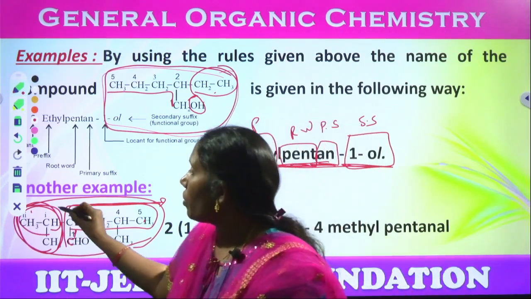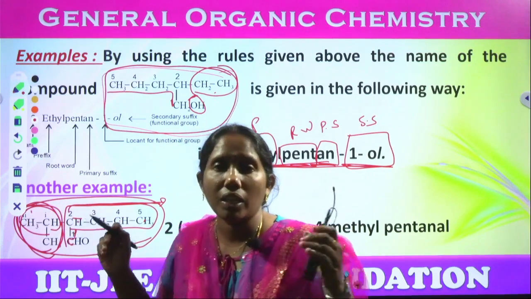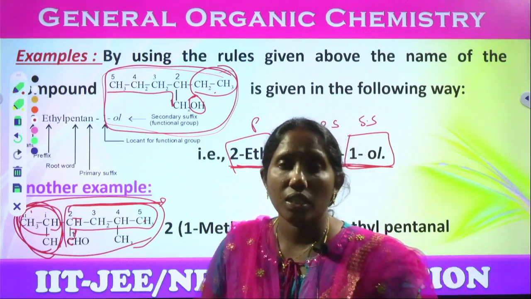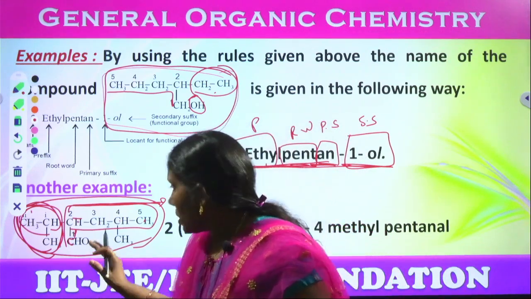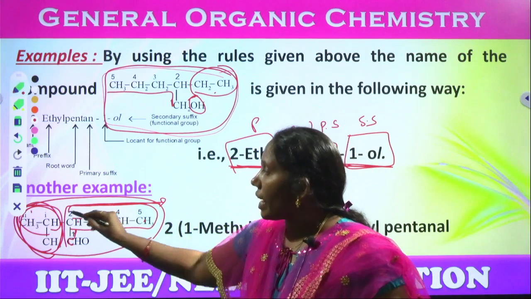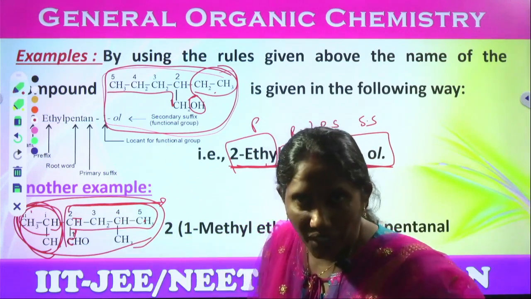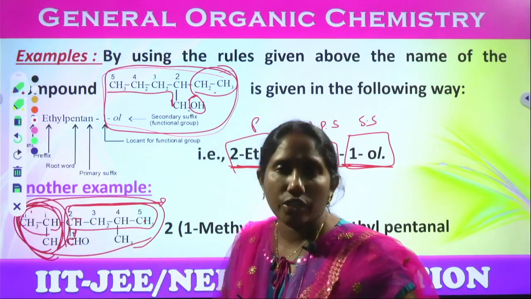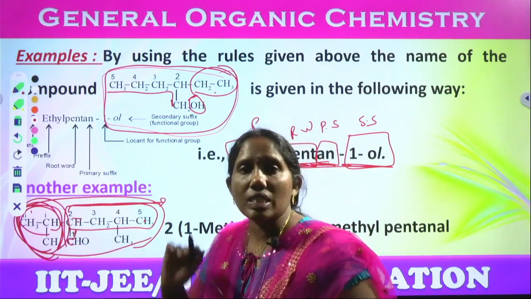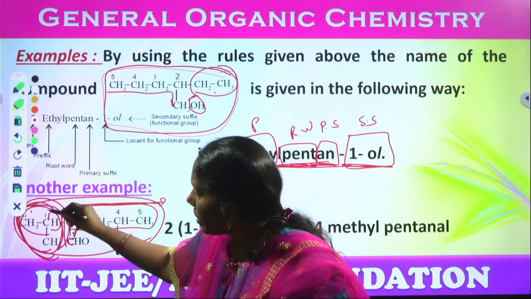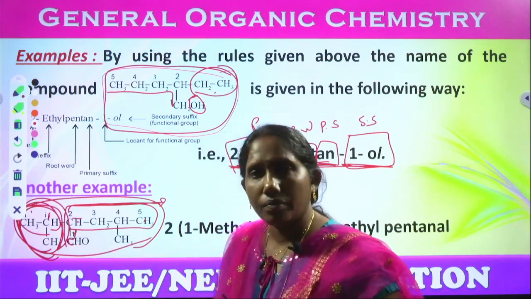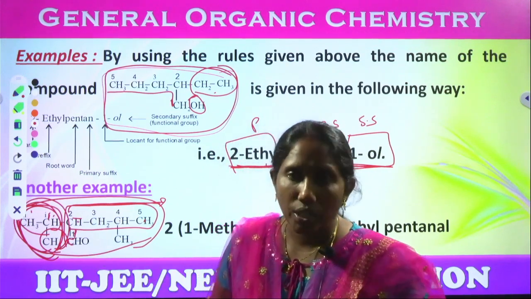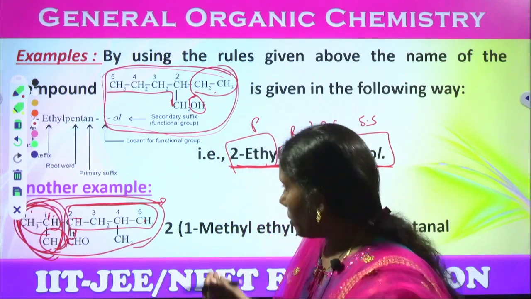So separately we have to write this naming, and we have to keep that in parentheses. We have already done this type of example in previous sessions. So just start writing the numbering at the second carbon. First we have to write the prefix. So on the second carbon we have a side chain with another side chain. Give numbering to that side chain also. See, first carbon, second carbon. Again on the first carbon we have a methyl group as the substituent. That one we have to write.